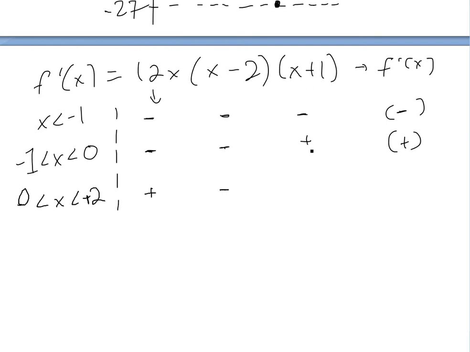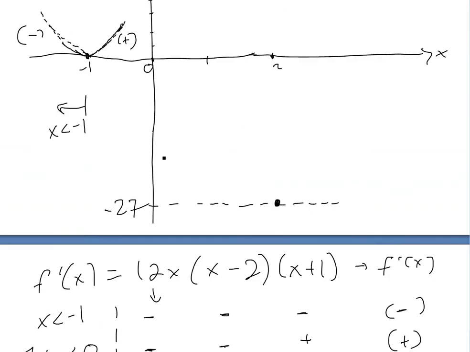And then the last factor is going to be plus. So plus, minus, plus. If it's an even number of negatives, it's positive. If it's an odd number, it's negative. You can just look at it there. So this one's going to be negative here.